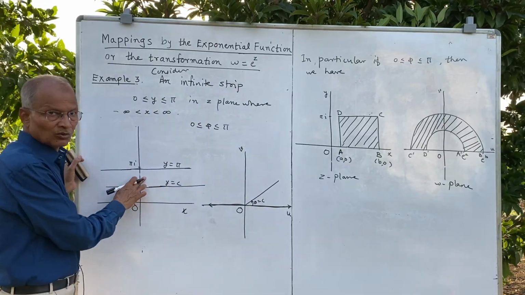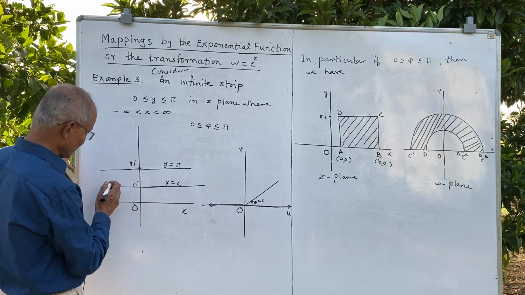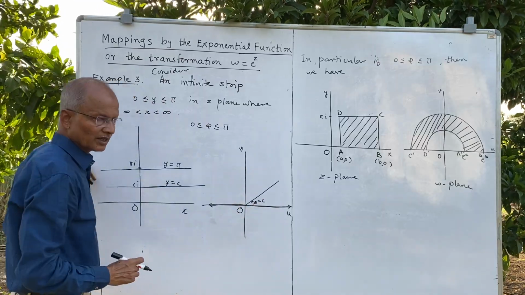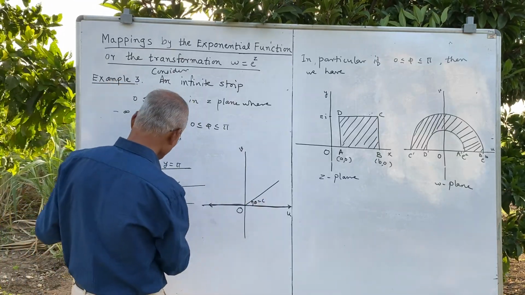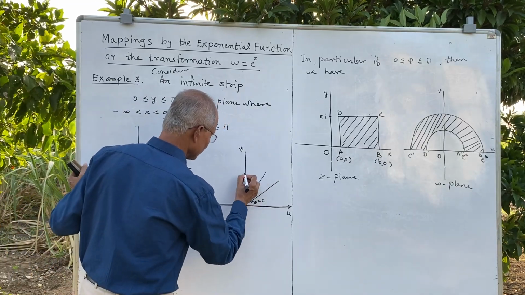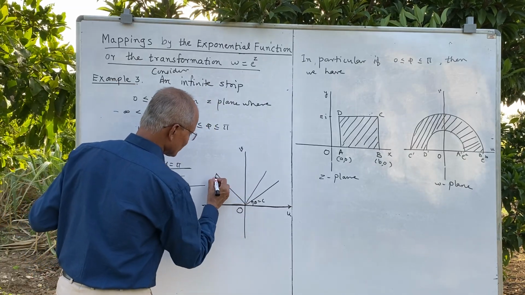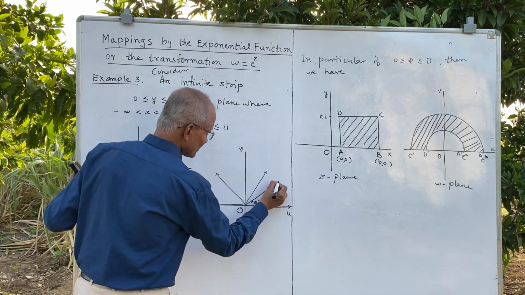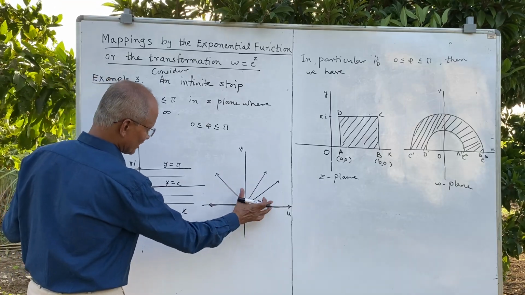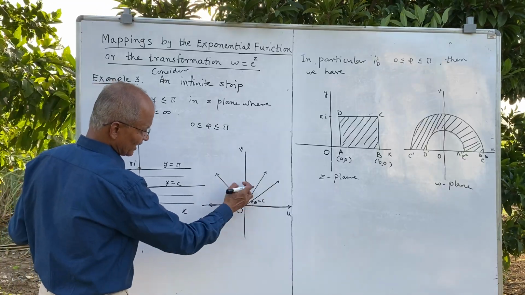Phi equal to pi by 2 will be mapped on this v axis, and thus the image of this infinite strip will be the entire upper region, v greater than or equal to 0. That means every horizontal line will be mapped on a ray starting at the origin, and so on. Thus these lines will be mapped onto rays, and the image of the entire infinite strip will be the first and second quadrant.